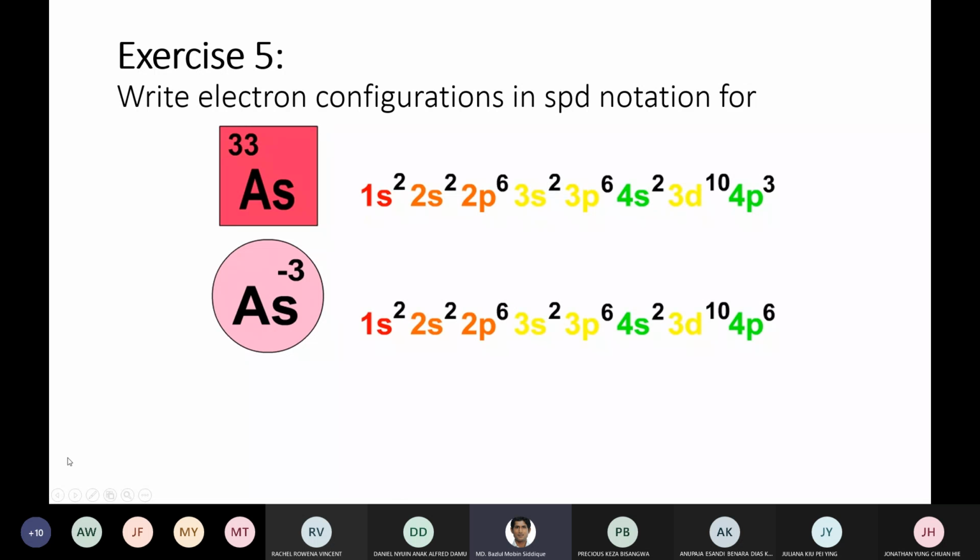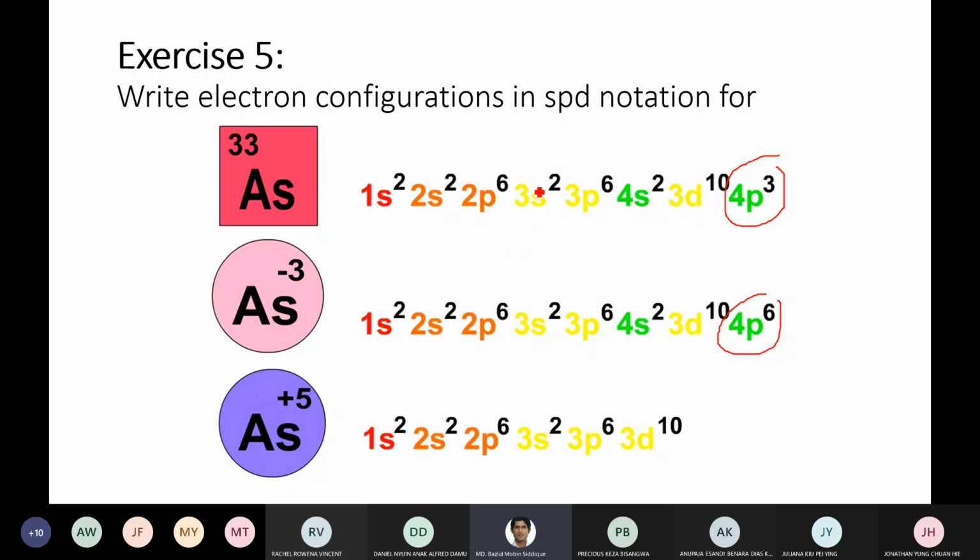We see that here it was 4p3, now it becomes 4p6, right? Another one, arsenic can also shed its 5 outer electrons so that it becomes arsenic 5 positive, and the configuration goes this way.